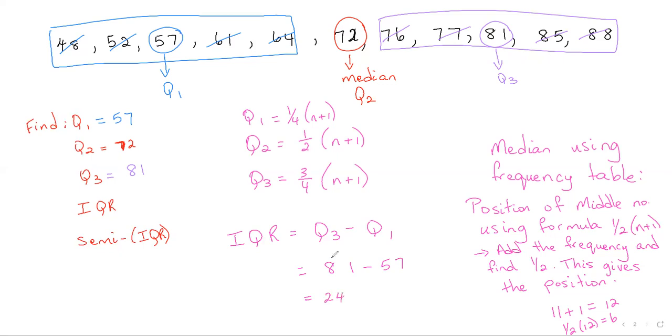So my interquartile range is 24. And if I have to find the semi-interquartile range, remember, that's going to be 1/2 of my interquartile range, which is 1/2 of 24. So I'll get 12.